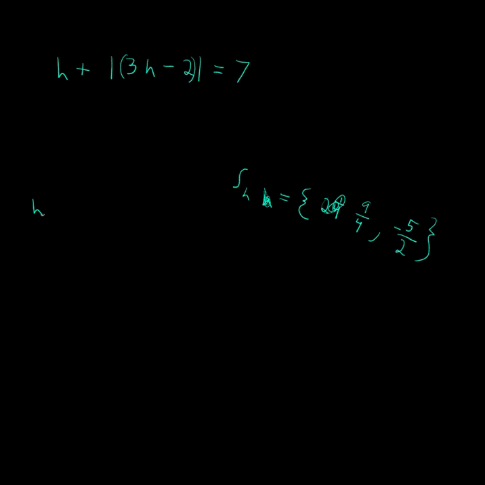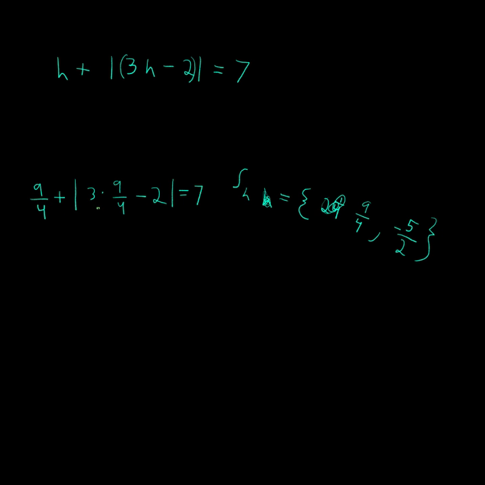We have 9/4 plus the absolute value of 3 times 9/4 minus 2. Okay, equals 7.